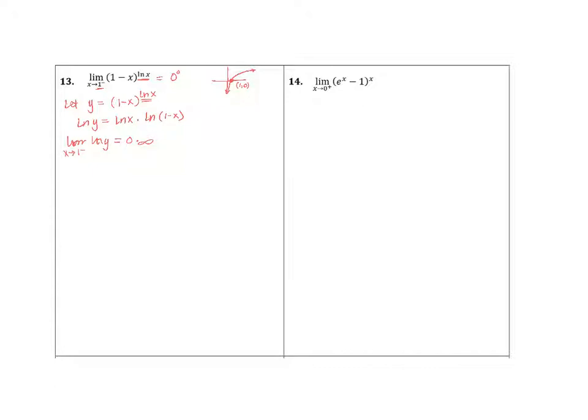We need to get this to be a ratio, so we can do that. Let's rewrite that, and that's where it gets to be a little tedious. We have the natural log of 1 minus x over, and I'm going to put 1 over natural log of x. When we do that, we see that we're going to have infinity over infinity.